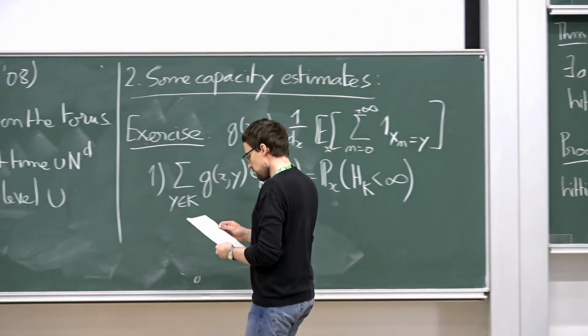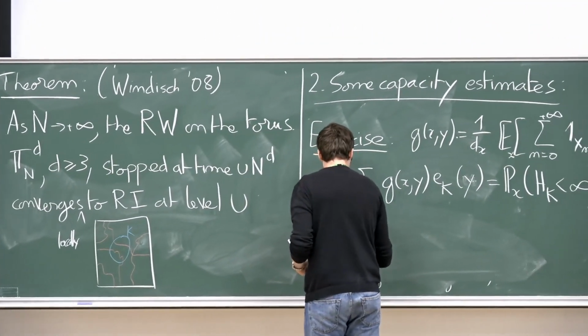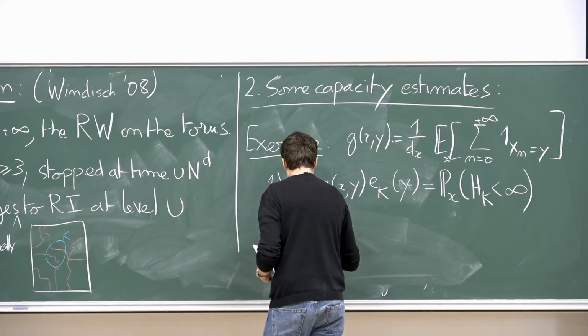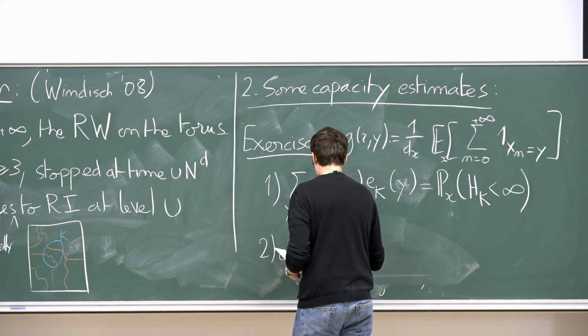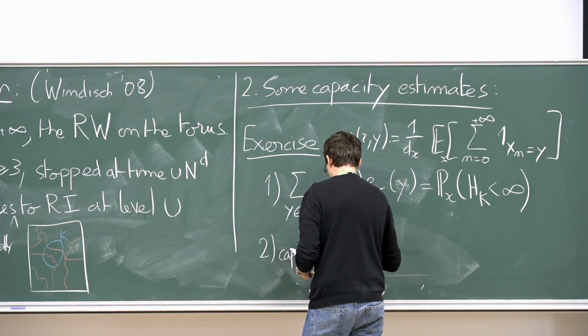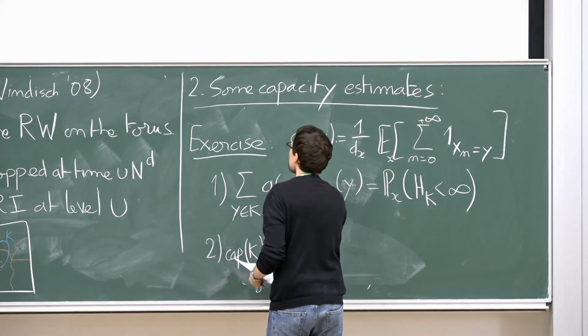The second formula, which is a really useful one, is a variational principle for the capacity.